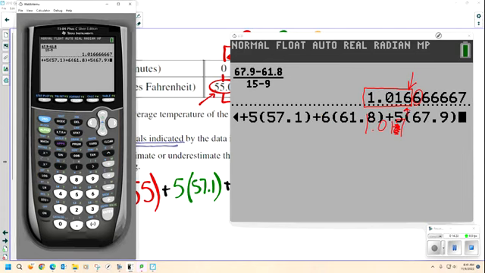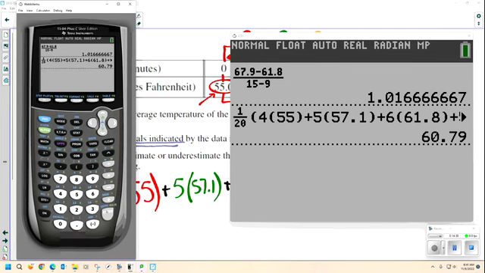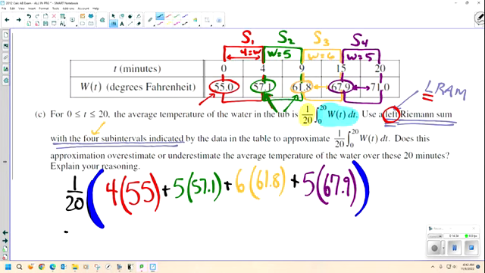And I got to put the, wow, look at all that red. I still got to put my closing parenthesis for the 1/20th. And I end up with 60.79, okay, equals 60.79.